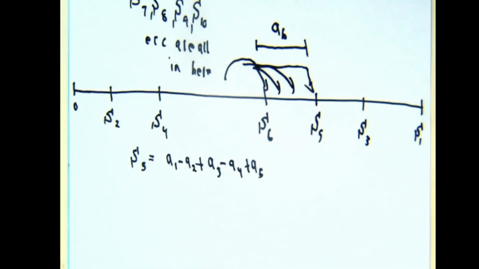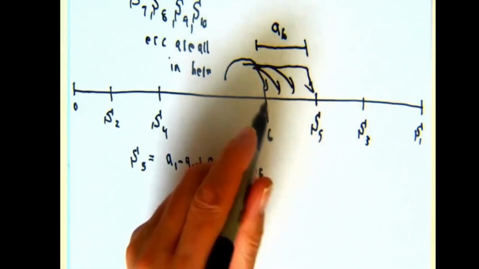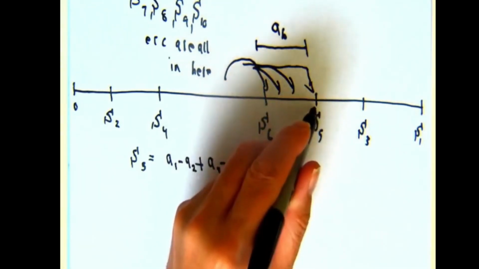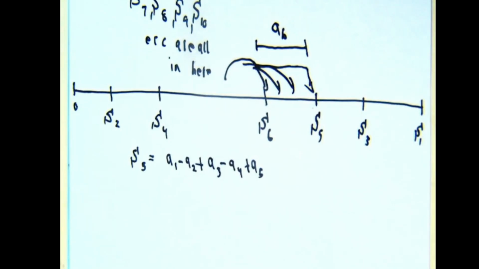If all of the partial sums after S number 5 are contained within the interval from S6 to S5, then the limit of those partial sums must be in there as well. Remember, we're assuming the nice conditions on the alternating series, which guarantees that it converges.